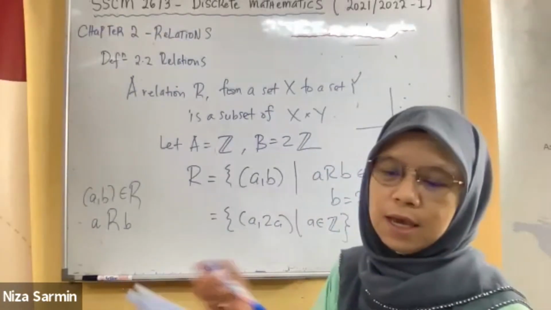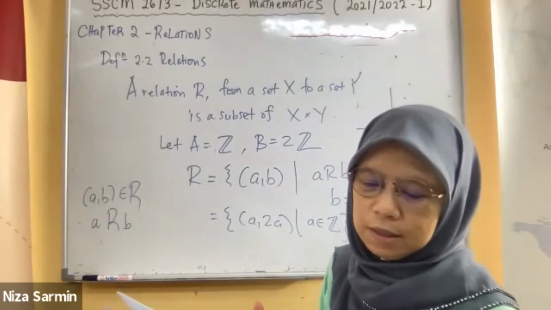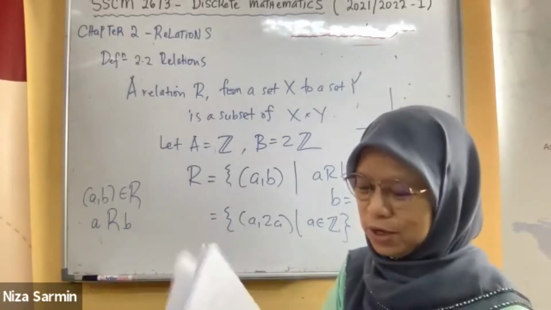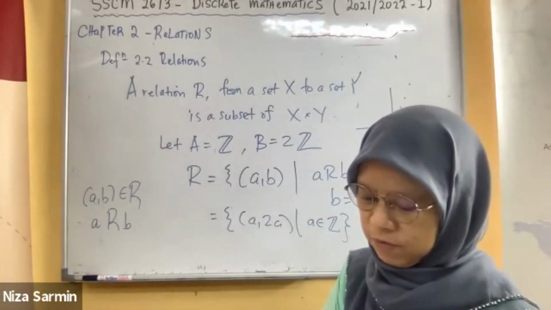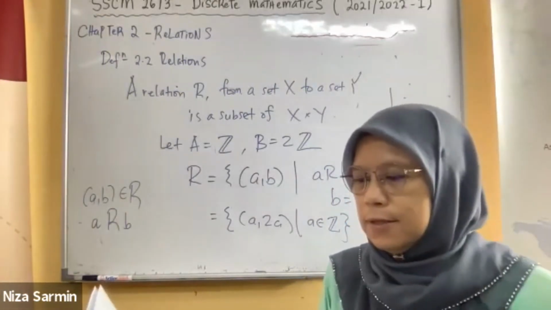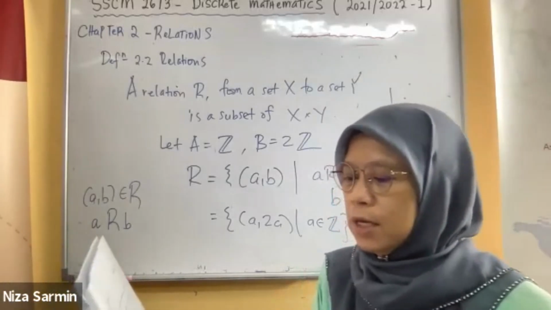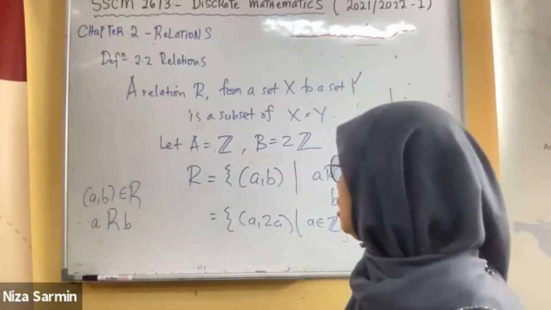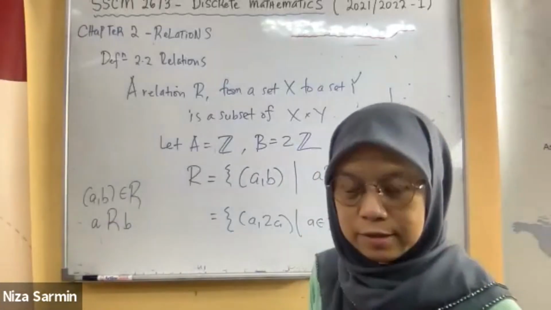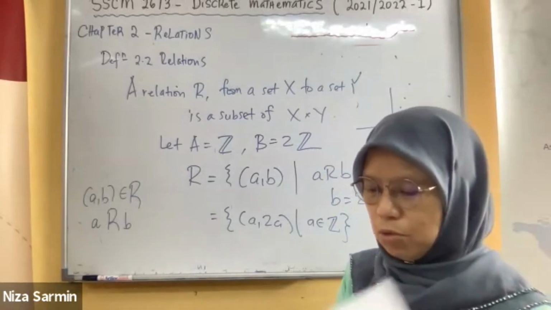It should be A and B, not X Y, because I want to use A B over there in the beginning, unless I change everything to X Y. Or change everything to X Y, that's actually better. The domain is a subset of X. The range is a subset of Y. Okay, this one you have seen before. You collect and it becomes the domain and the range.